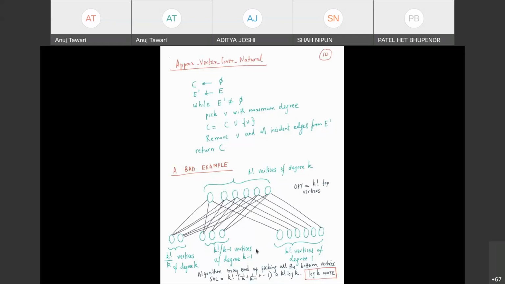Similarly, you can have k factorial divided by k minus 2 vertices of degree k minus 2, and so on up to k factorial vertices of degree 1.